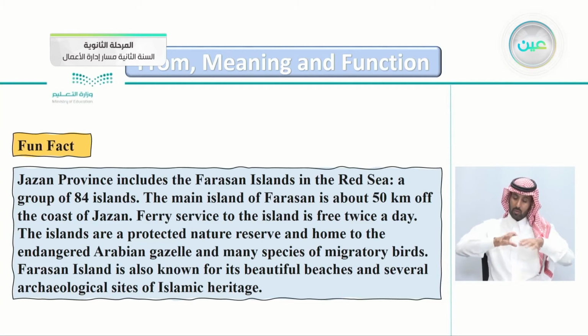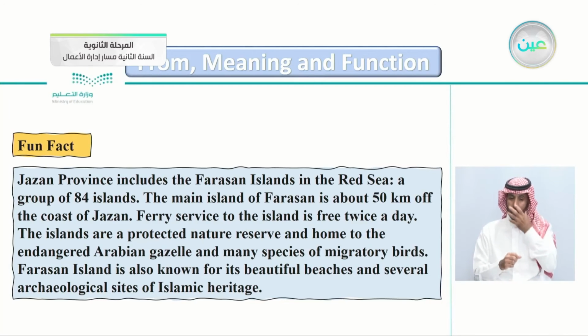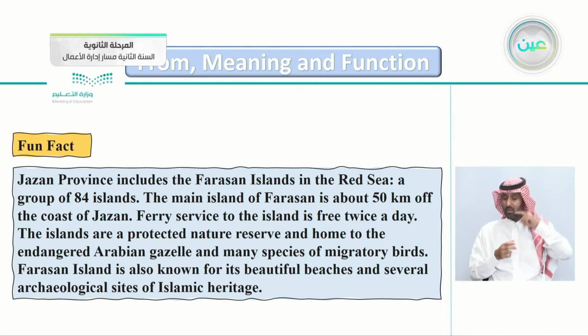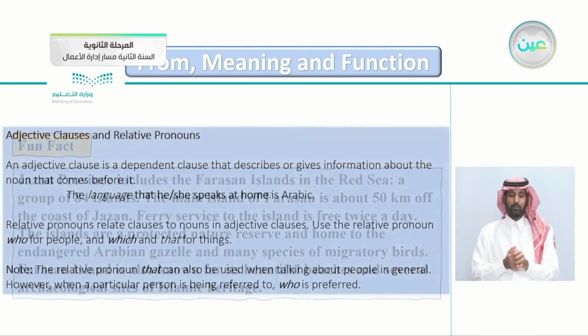The islands are a protected nature reserve and home to the endangered Arabian gazelle and many species of migratory birds. Farasan Island is also known for its beautiful beaches and several archaeological sites of Islamic heritage. So this is a fun fact about Farasan Island.